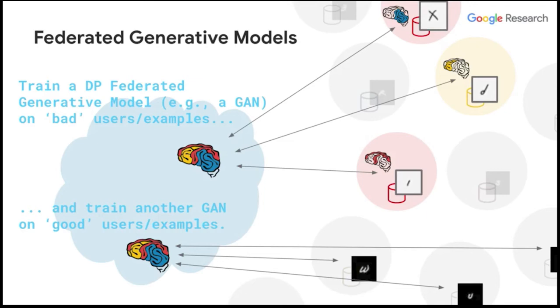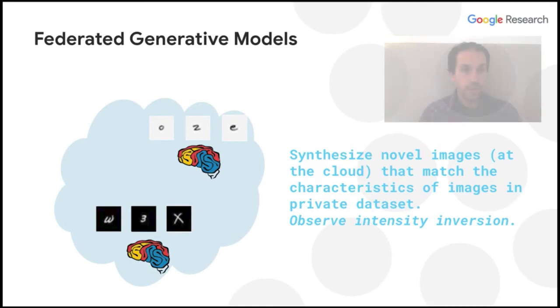moving forward. Okay, so after many rounds of federated computation rounds, which is the basic unit of computation in federated learning, each GAN is converged, and the generators can be used to synthesize novel examples of the data residing on devices in the respective populations.